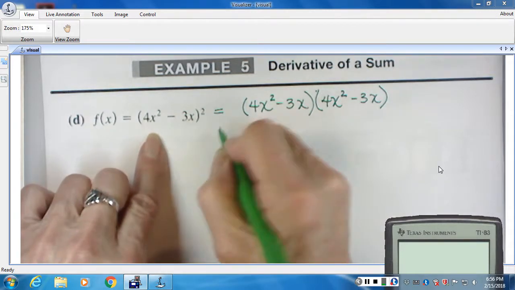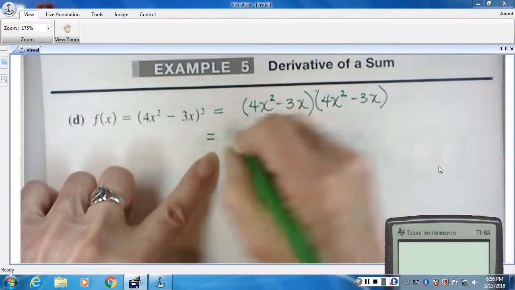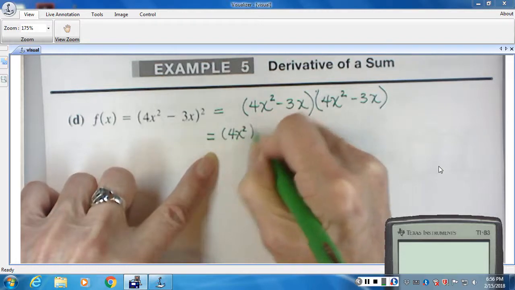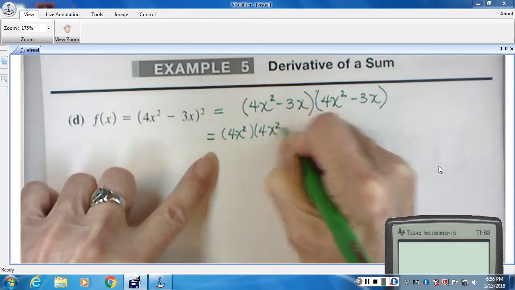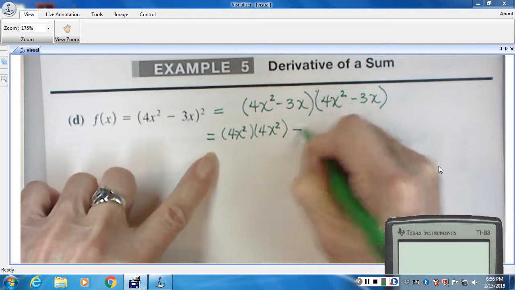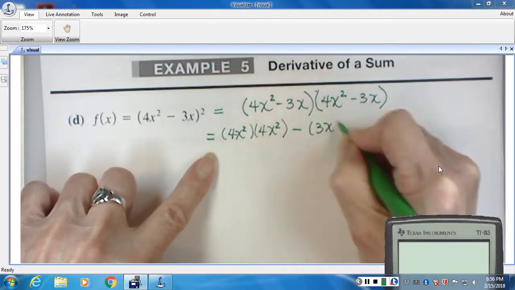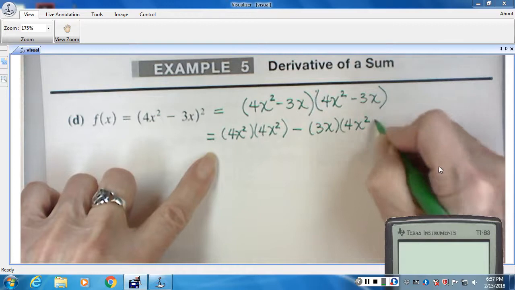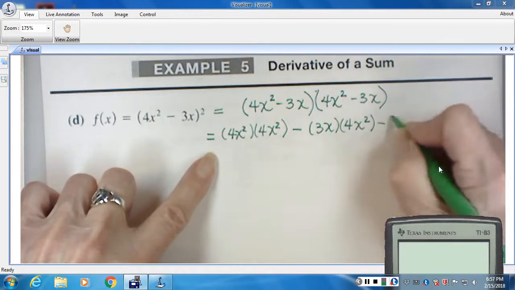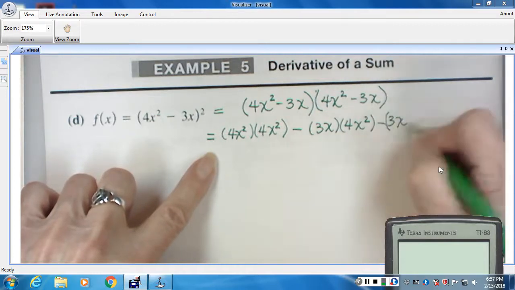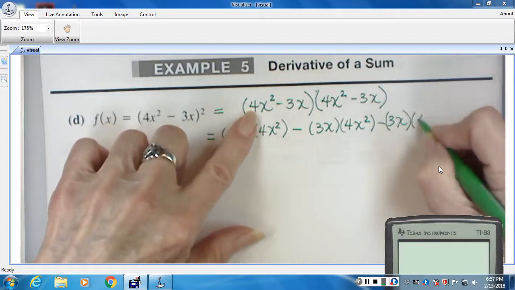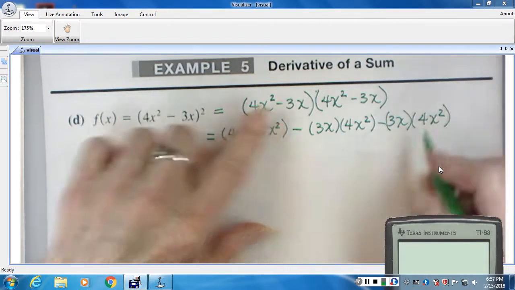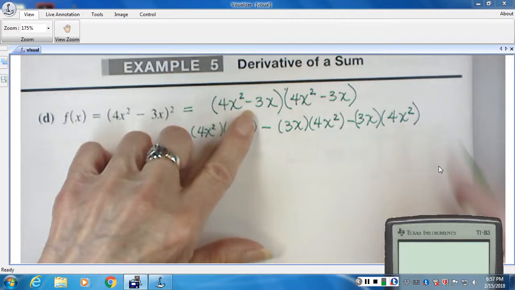So we can multiply it out. 4x squared times 4x squared, minus 3x times 4x squared, minus this 3x times 4x squared, minus 3x times minus 3x.